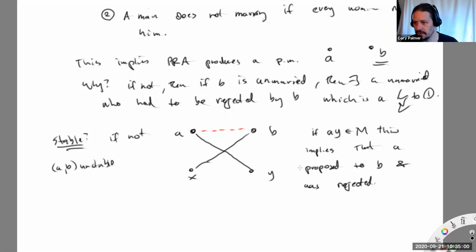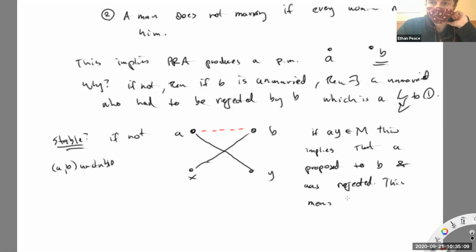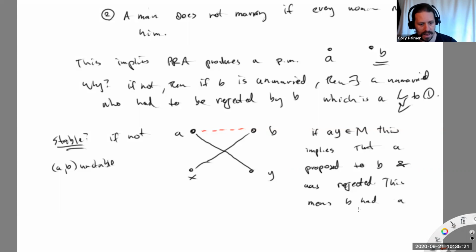Why would that happen? What are the circumstances that allow for that to happen? It has a better matching. Yes, exactly. B only rejects A because B had a higher ranked proposer at some point. This means B had a higher ranked proposer.